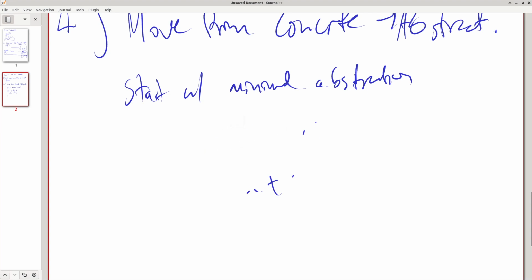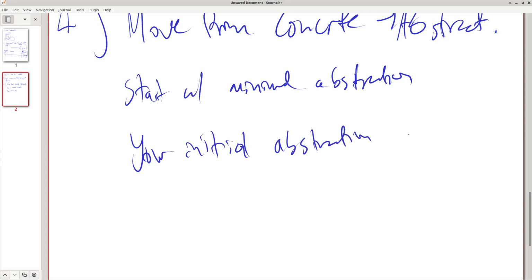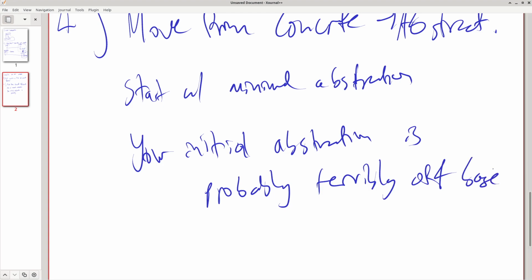And more importantly than that rant, I'd say your initial abstraction, your first pass at trying to abstract everything, is probably terribly wrong. Terribly off base. Abstractions tend to emerge naturally out of patterns. So a good abstraction sees a pattern and then runs with it and generalizes it or is able to encapsulate it somehow.